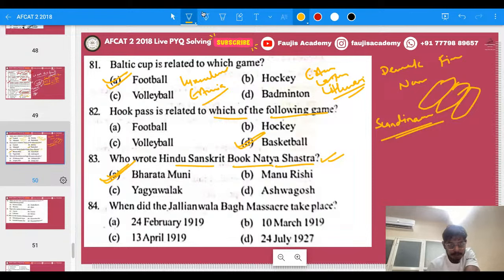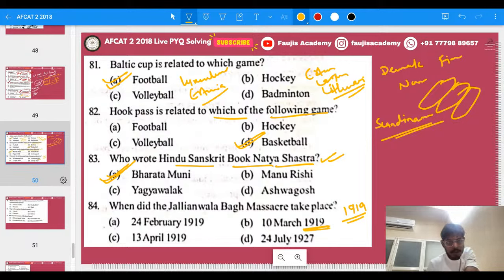Jallianwala Bagh. When did Jallianwala Bagh happen? Every one of us knows it was 1919.